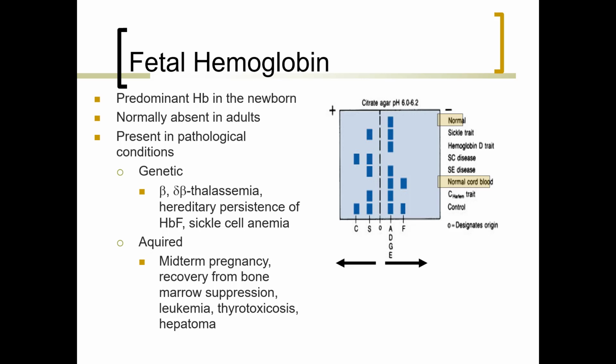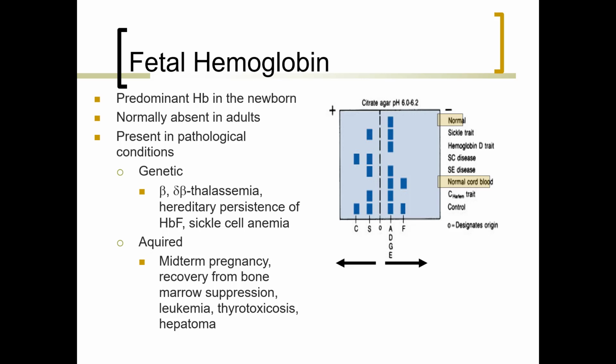Something to make note of with fetal hemoglobin is that babies do not get malaria. And the reason for that is malaria, the Plasmodium parasite, likes to eat hemoglobin, and it's not too capable of eating fetal hemoglobin.